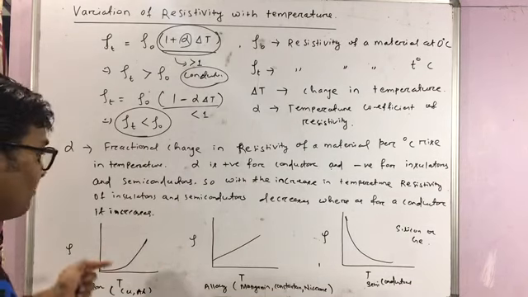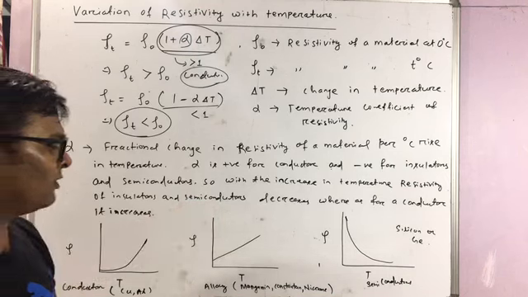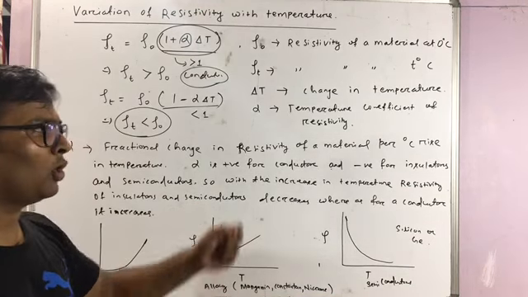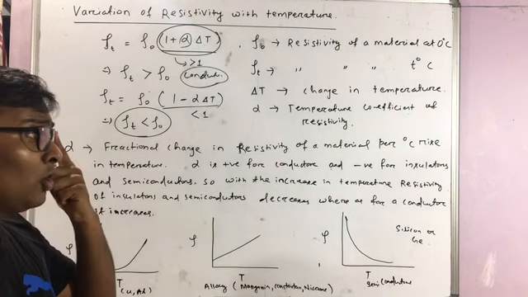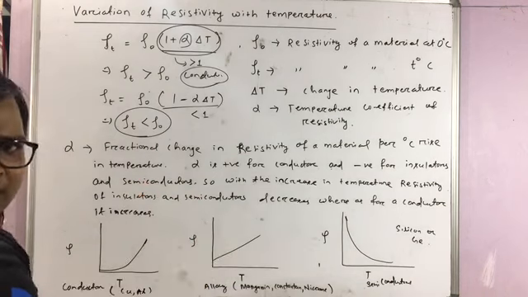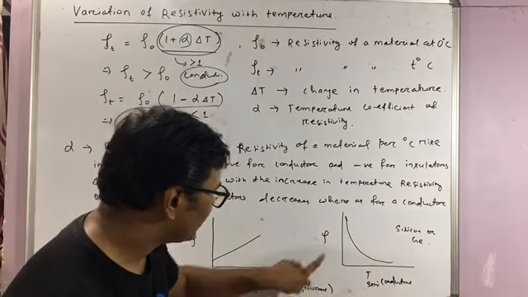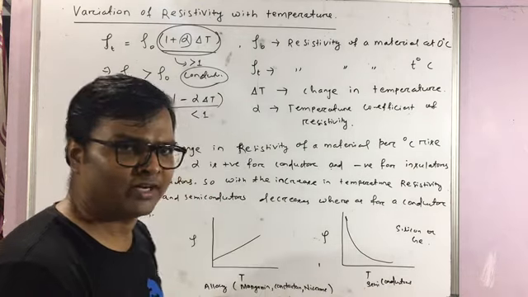Remember, these graphs are going to come in your exam. Any one material may be given, say constantan, and you may be asked to plot the resistivity with temperature graph, or to explain why the nature of the graph is like this. The last one is resistivity with temperature for semiconductors or insulators.